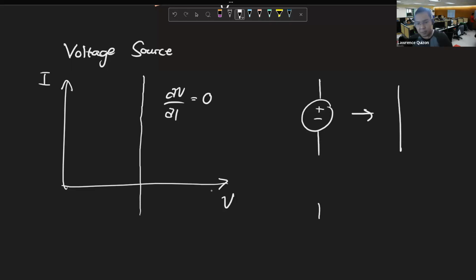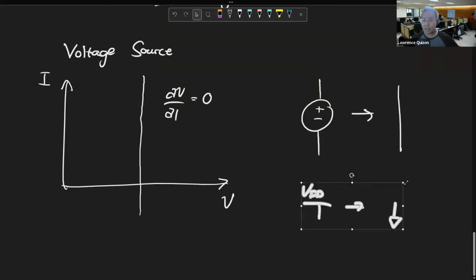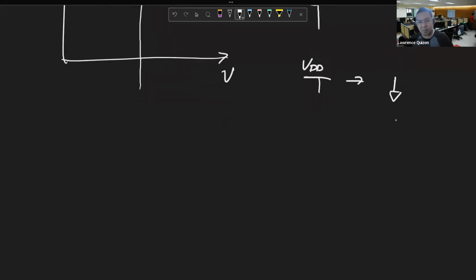Voltage sources, in fact, turn into short circuits. So VDD turns into ground. Does this make sense? So why does VDD become ground? If we have a symbol like this, what it actually implies is VDD relative to ground.